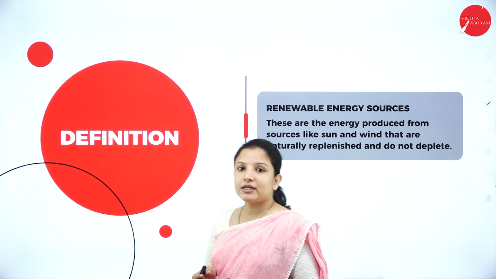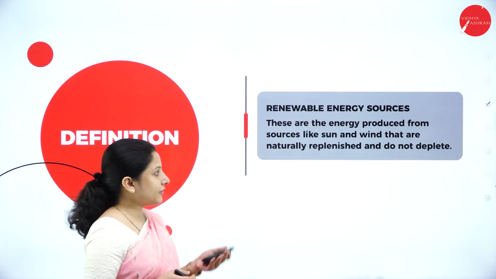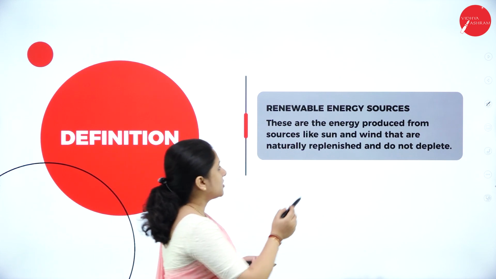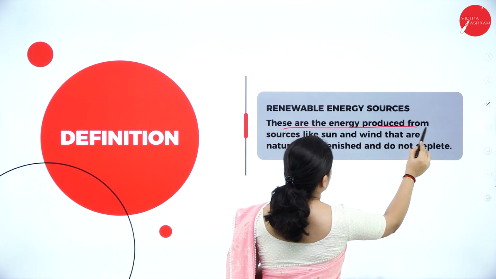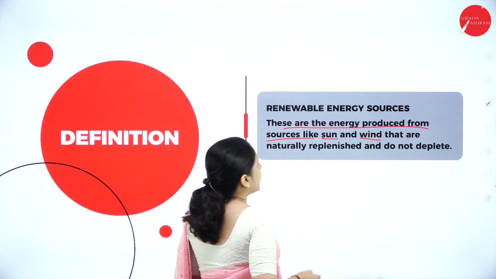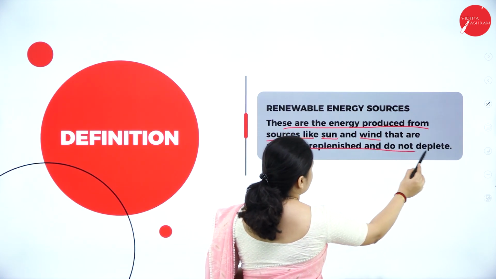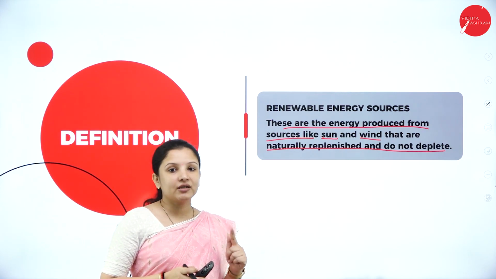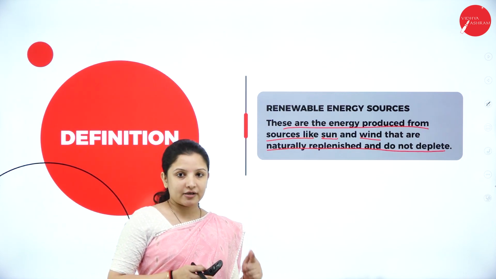So talking about renewable energy resources, the definition: these are the energy resources which are produced from sources like sun and wind that are naturally replenished and do not deplete, meaning the sun and the wind will never deplete, right? They will never reduce.